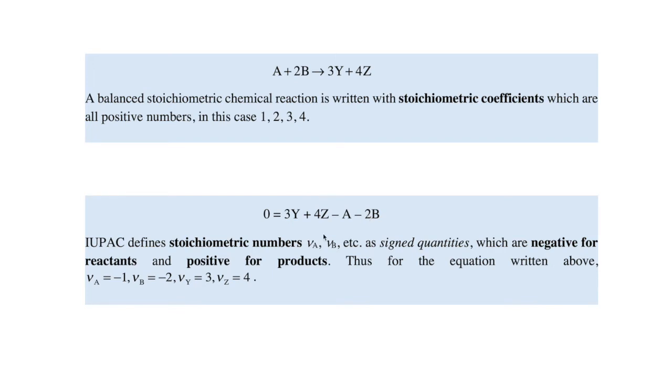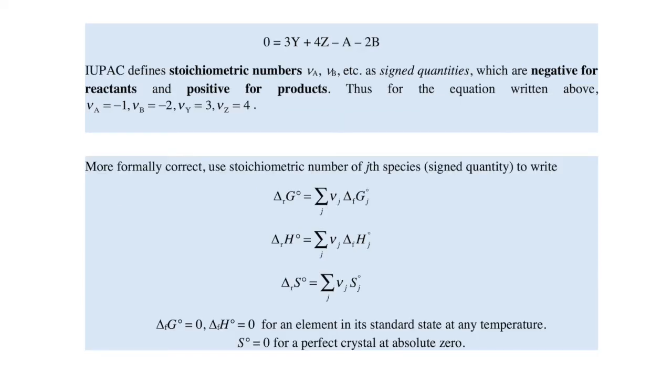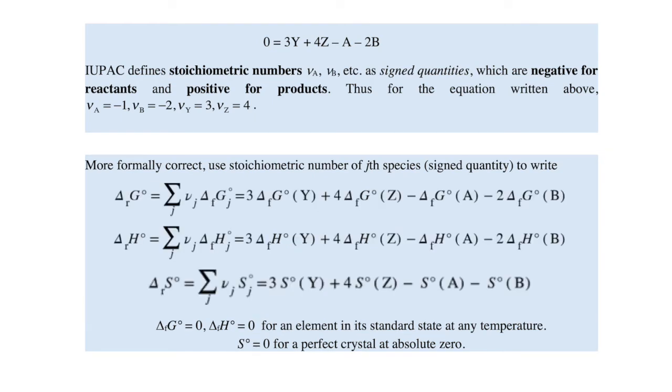It balances the stoichiometry of the reaction, but stoichiometric numbers are negative for reactants and positive for products. That allows us to write these summations in a more compact and mathematically formally correct way. It does exactly the same thing as before.